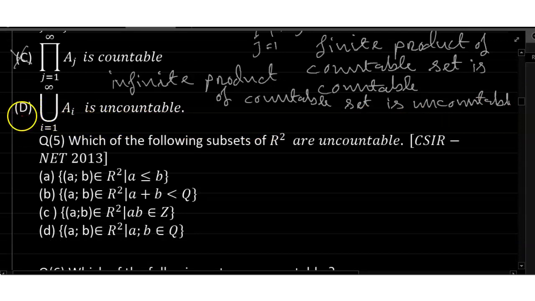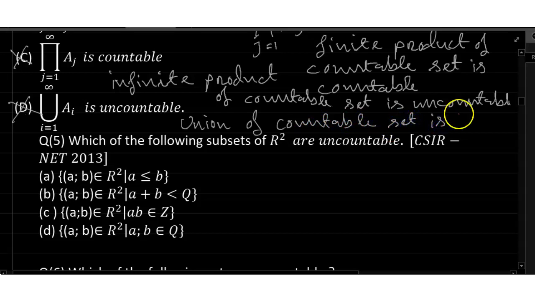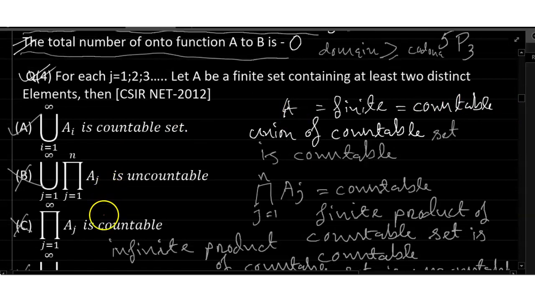And after that, Ai is uncountable, the union of i = 1 to infinity of Ai, this is also wrong, because the union of countable sets is countable, simple. So the first option is correct.